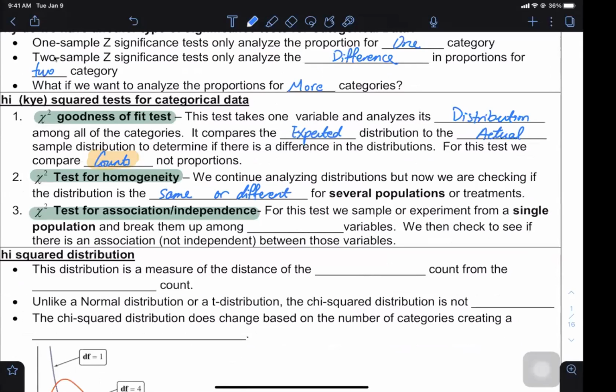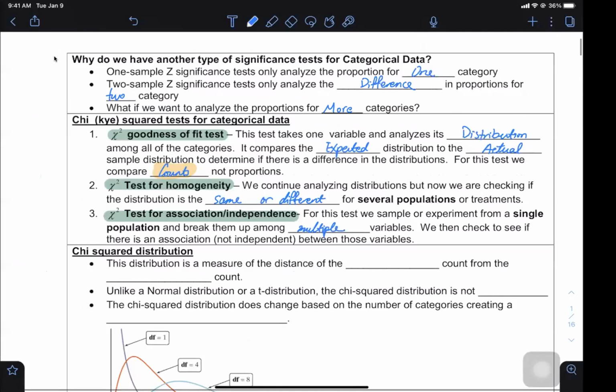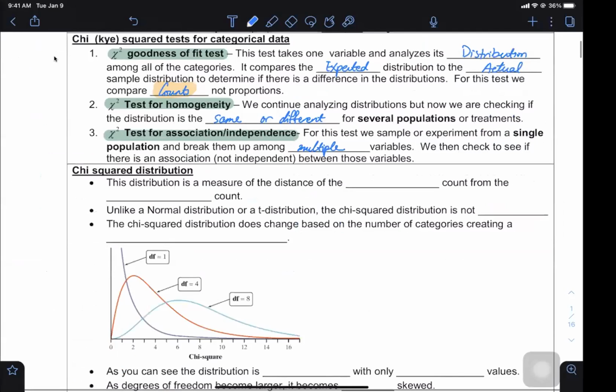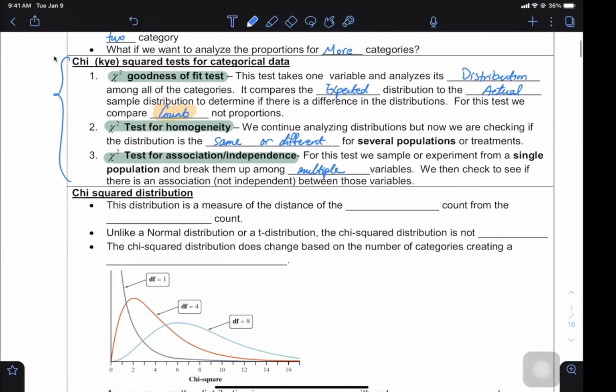And the last type is the chi-square test for association, which means we take a sample or experiment from a single population and break them up around multiple variables, and then we check to see if there is an association between those variables. So those are the three tests we are going to go over for this week, in this course.